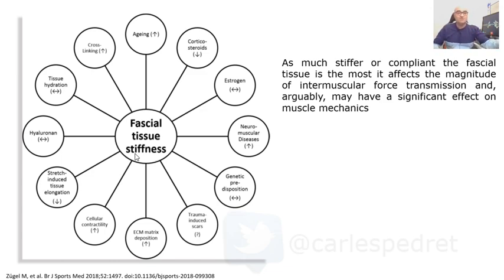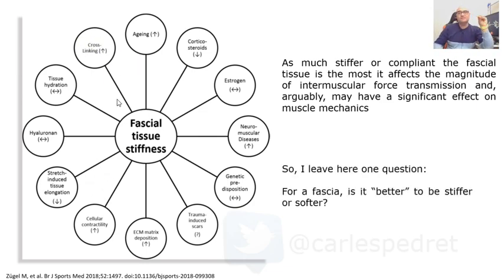For example, aging, cross-linking, neuromuscular disease, extracellular matrix deposition, and cellular contractility can increase fascial tissue stiffness. Others, like corticosteroids, may decrease fascial tissue stiffness or stretch-induced tissue elongation. So we can act on this fascial tissue.